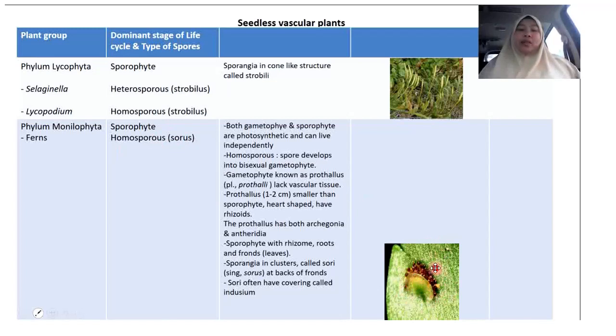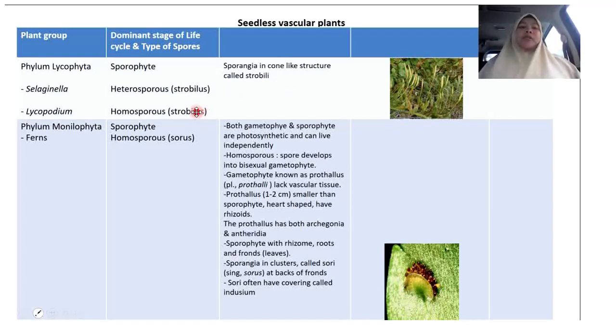This is the sorus, and you have the sporangium here. For phylum Lycophyta, the sporangia are located in a cone-like structure that we call a strobilus, or strobili.